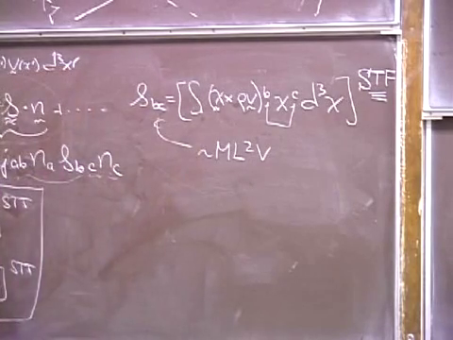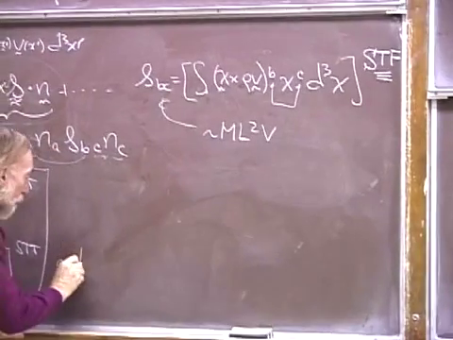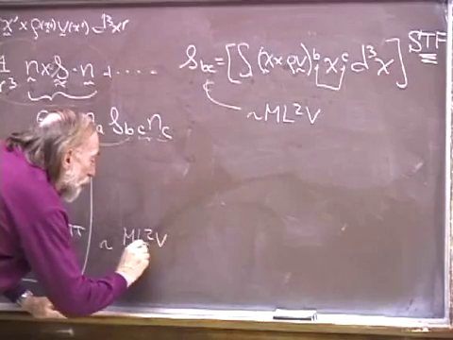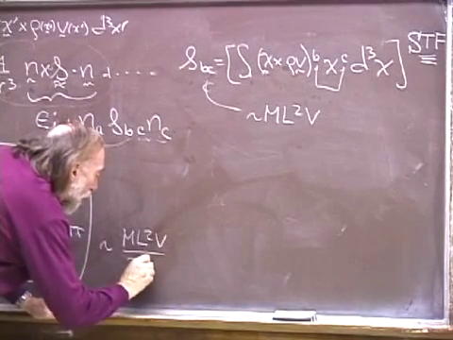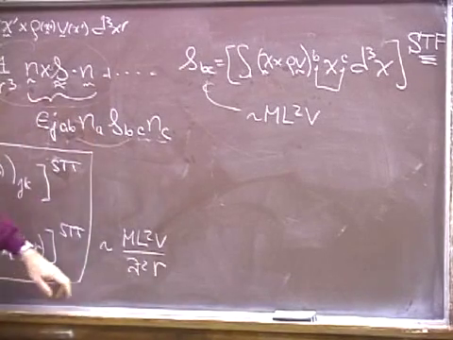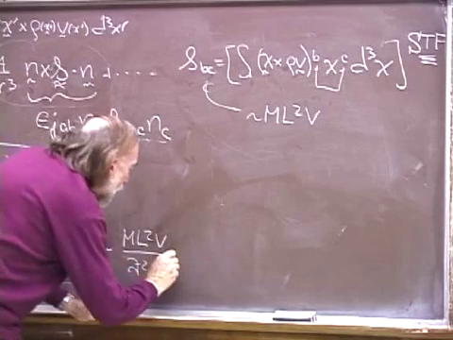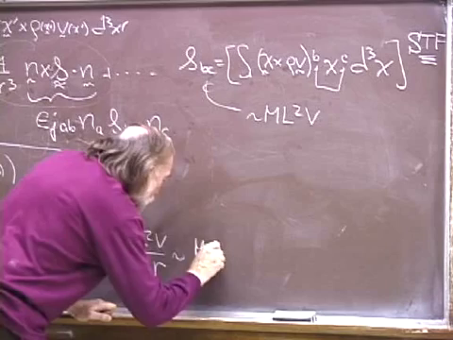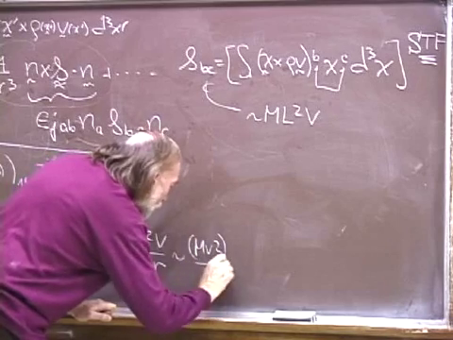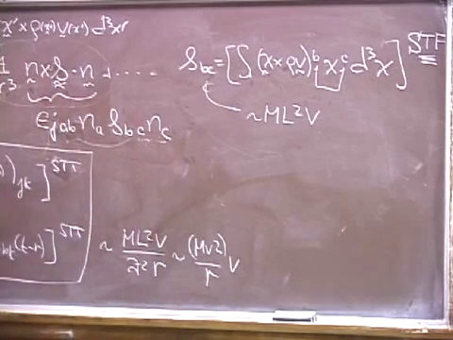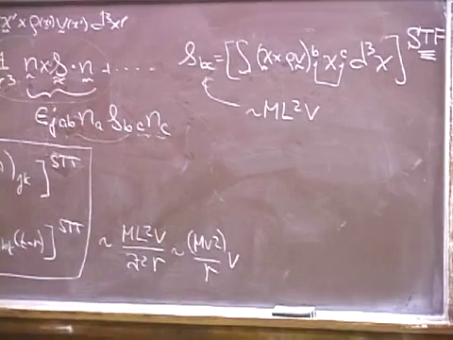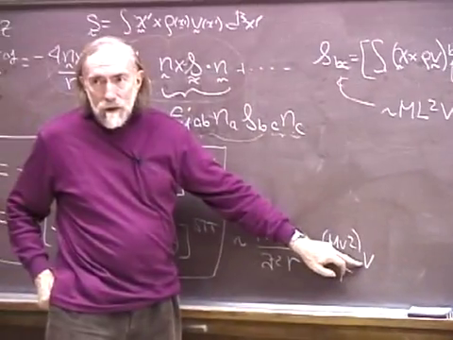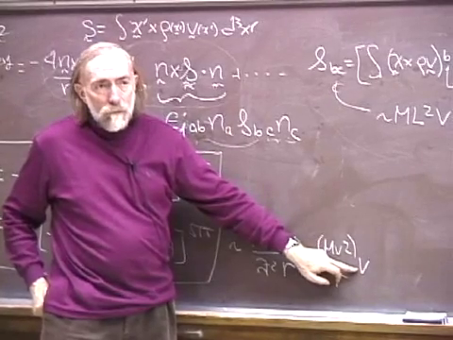Down here it appears with two time derivatives, so we've got m L squared v over lambda bar squared, and then a 1 over r. And L squared over lambda bar squared, again, is the internal velocity squared, so that's m v squared over r times v. So this term is smaller by one factor of internal velocity than the mass quadrupole term.